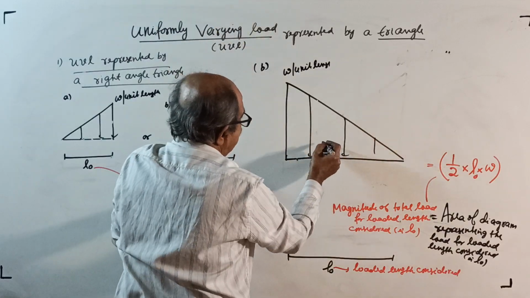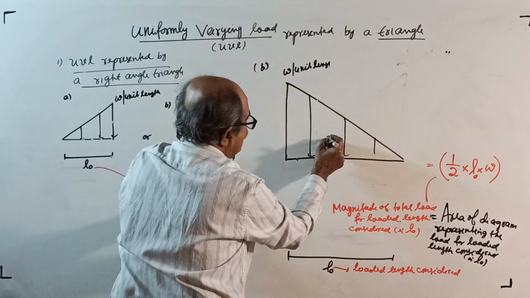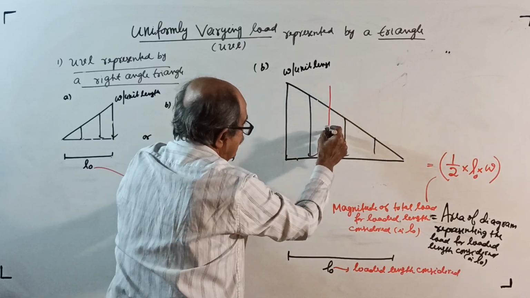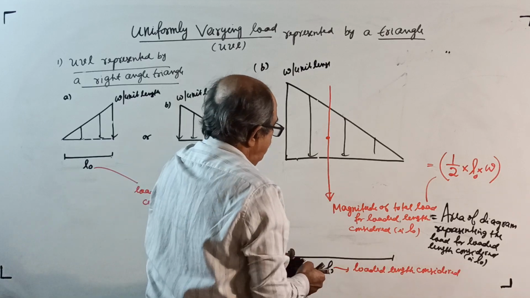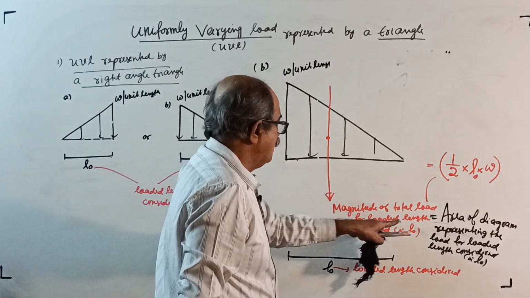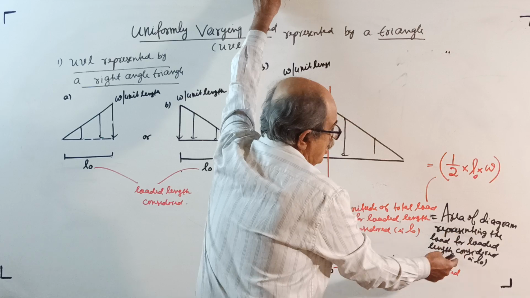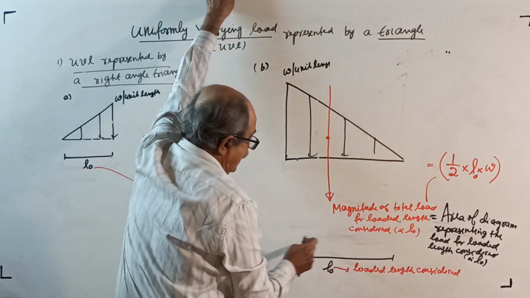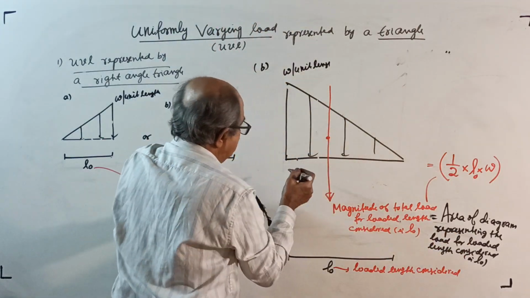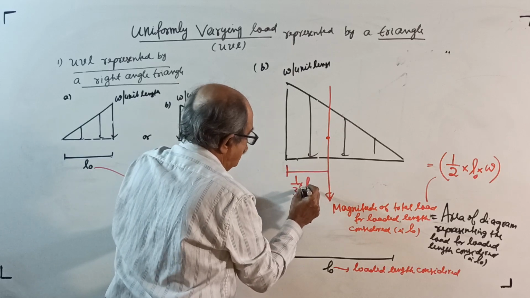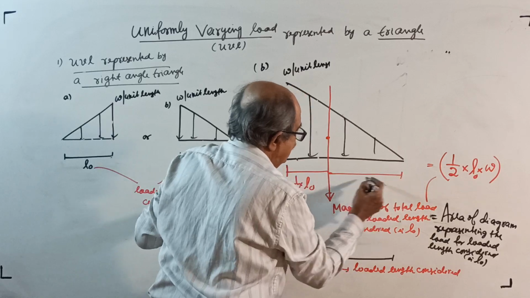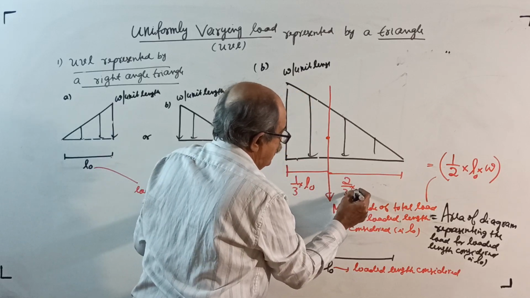See, same writing. Magnitude of the total load for loaded length considered L0 is equal to the area of the diagram, equal to half into L0 into W. But this time from here 1/3 of L0 and from there 2/3 of L0.